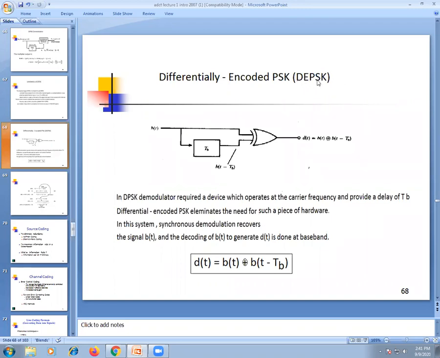Encoded PSK means adding an encoding process. What is the encoding process there? That is the XOR operation.